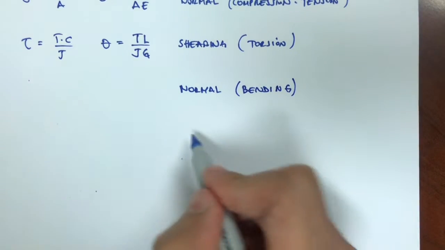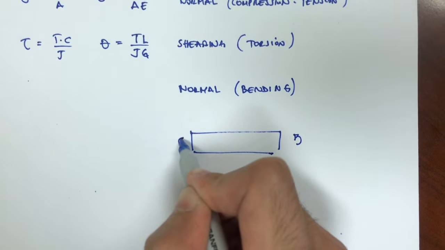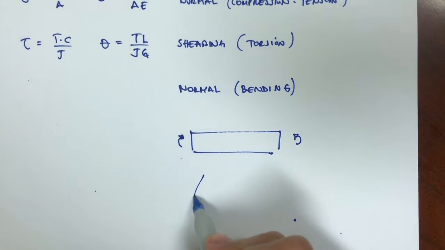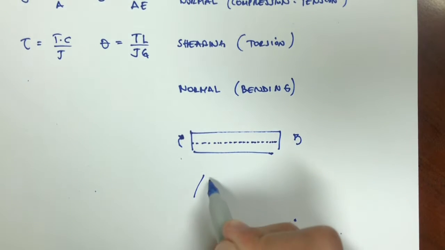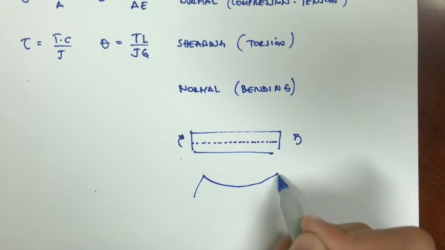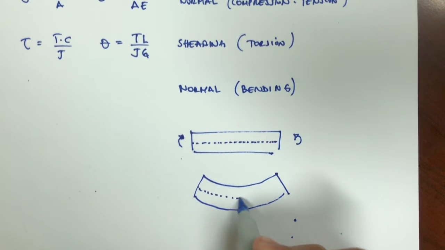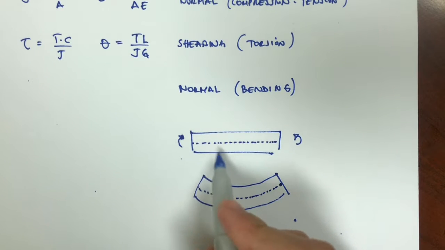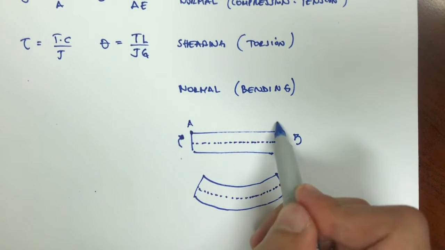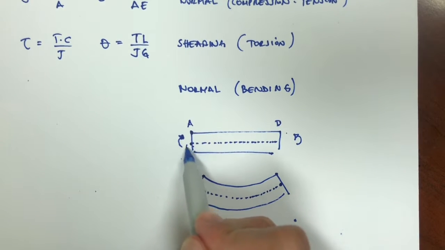Okay, so when I have a beam and it's being subjected to some moments, bending moments, there's going to be one layer that is not going to deform. So if that was originally L, I would still find something that was not compressed or stretched, but because of the moment, this length, for example AB, would no longer be the same length as CD.